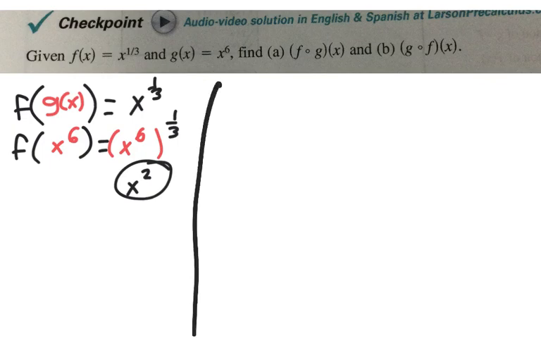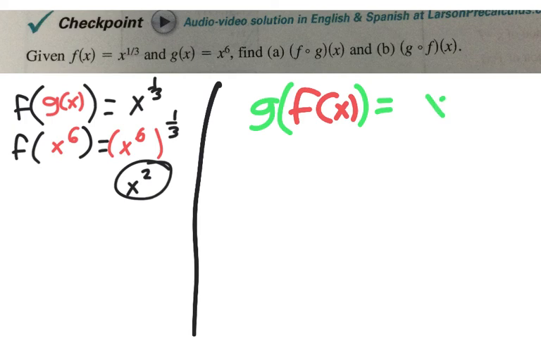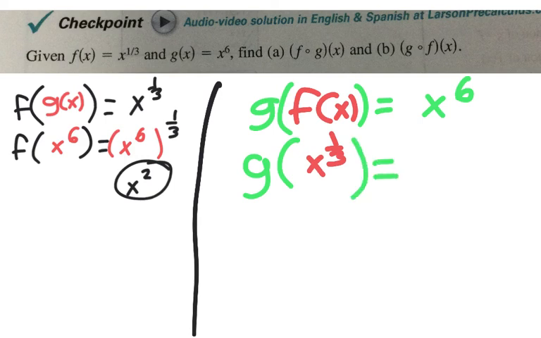Now if I go the other direction, g of f of x. The function g is x to the 6th. Now I'm going to be finding g of x to the 1/3, which means I'm going to have x to the 1/3 raised to the 6th.